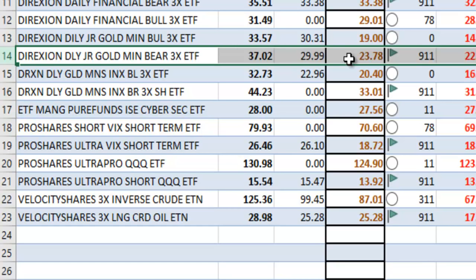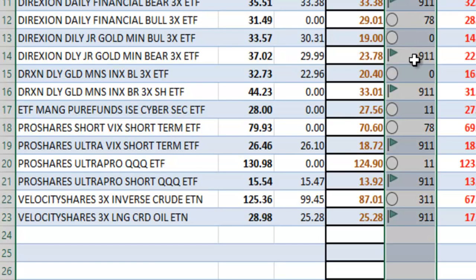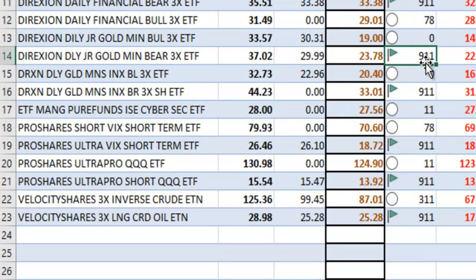So as you can see, the possibility to make money existed, and it didn't hurt that you had a 911 right here. You had a rally alert coming into today letting you know that there was a strong likelihood of a rally in this particular stock. And what happened? The market rallied.